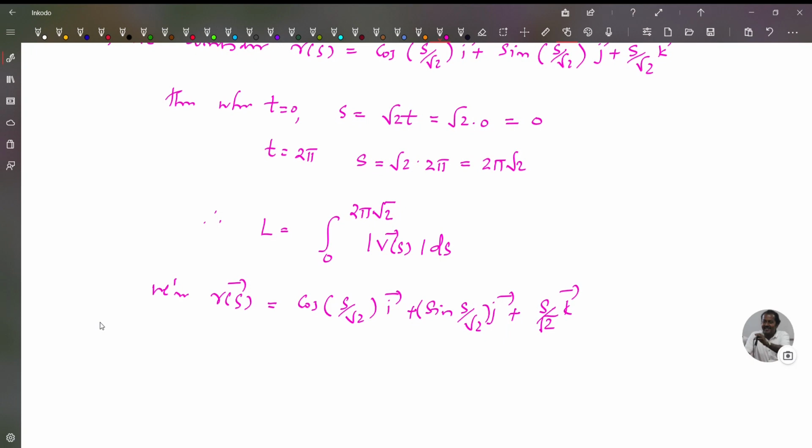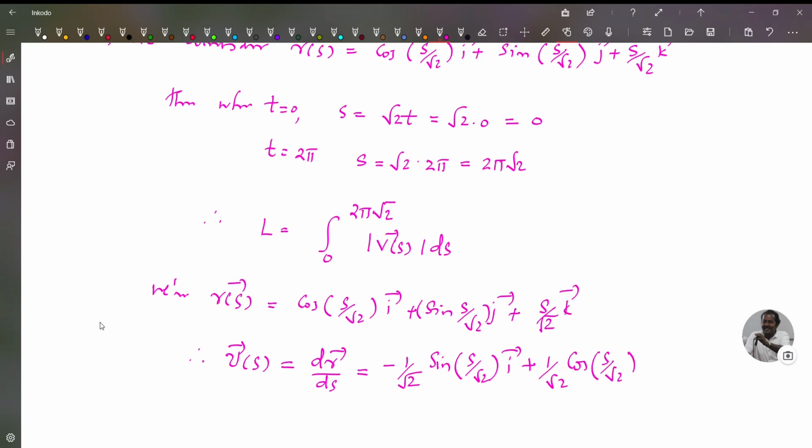Therefore, v of s, that is equal to dr by ds. This is equal to minus 1 by root 2 sin s by root 2 i plus 1 by root 2 cos s by root 2 j plus 1 by root 2 k.